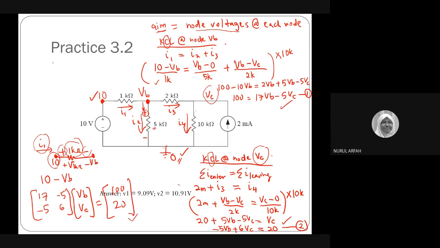And do you get the answer here? V1 is actually your VB, and V2 is your VC. Okay, use your calculator. Do you get the same answer, or maybe we need to recheck our calculation? Do you know how to use your calculator? Yes.